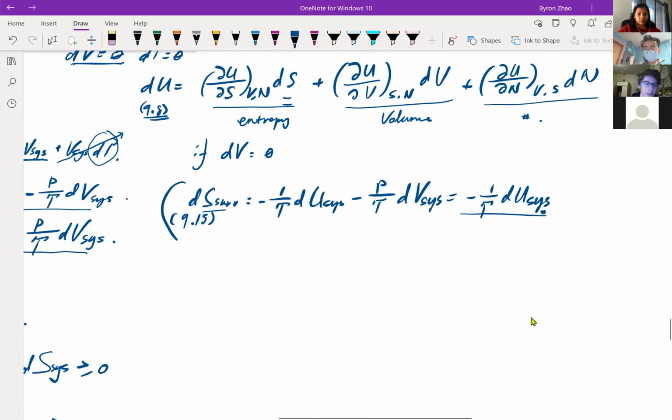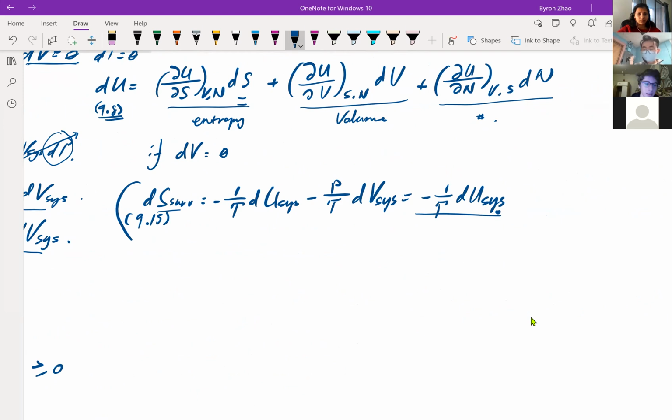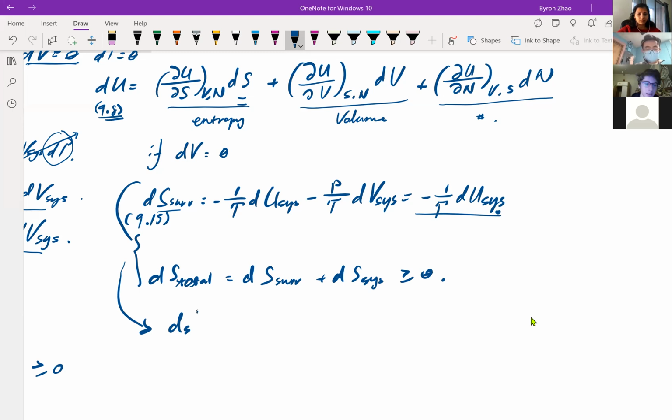And that's why if you combine this equation with the total entropy, which is equal to surrounding plus the system greater than or equal to 0, you will get dS system minus 1 over T dU system greater than or equal to 0.